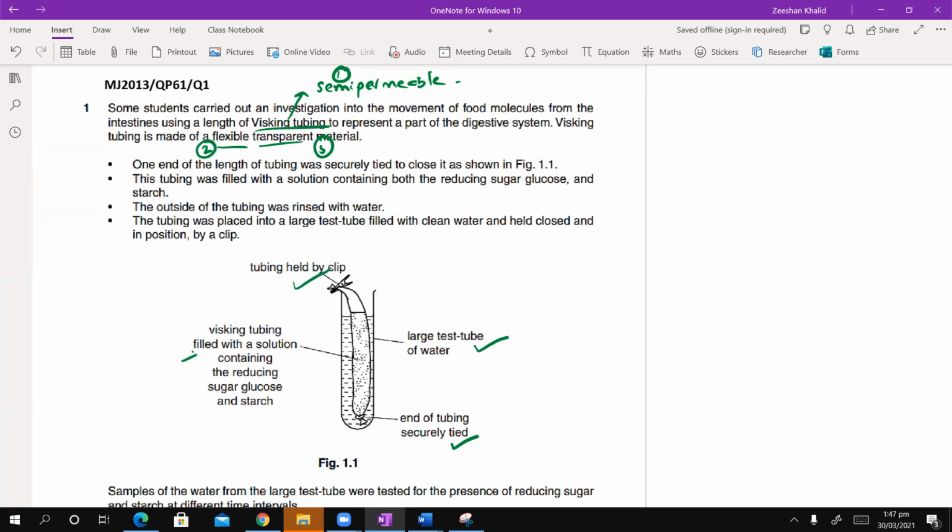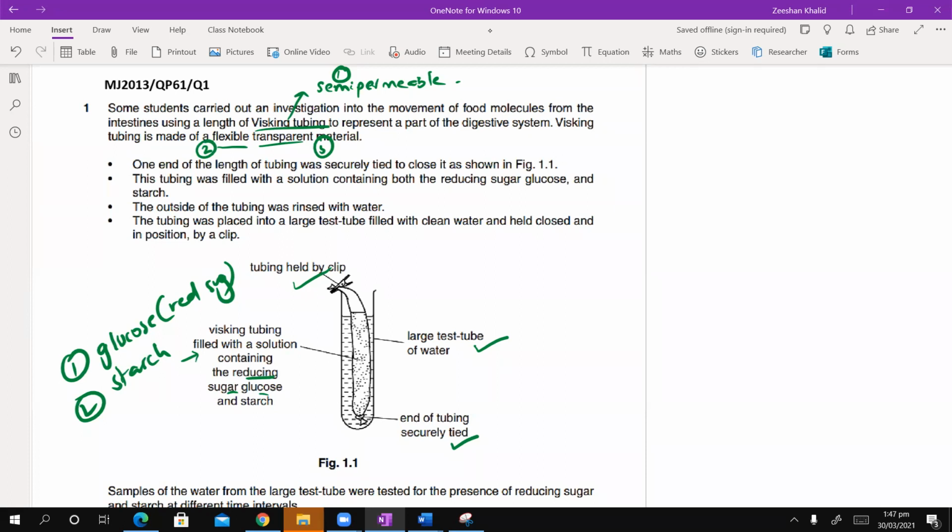And then the Visking tubing is filled with a solution containing reducing sugar, glucose, and starch. So you have glucose, which is a reducing sugar, and you have starch. So you've got two things inside the transparent semi-permeable bag, the glucose and the starch.